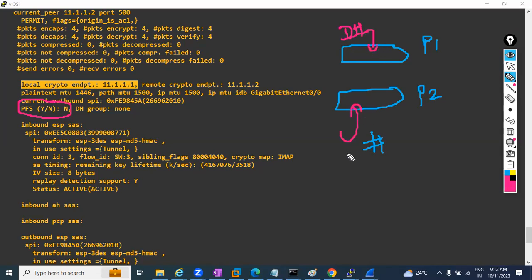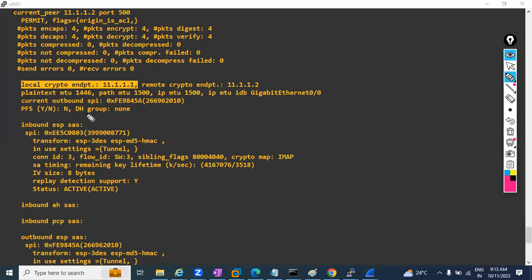But if you want a separate Diffie-Hellman for phase 2 also, then we have to enable PFS and then we have to enable the PFS group. Right now PFS is disabled, so no PFS group has been mentioned here. But in the future, when we enable PFS for phase 2, then we have to mention which group of Diffie-Hellman you want to use. In the upcoming classes, we'll discuss why PFS or not, not now. Right now I'm just showing you the feature is disabled by default. N means disabled.